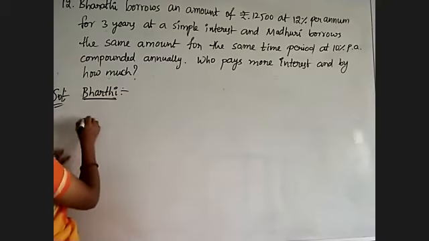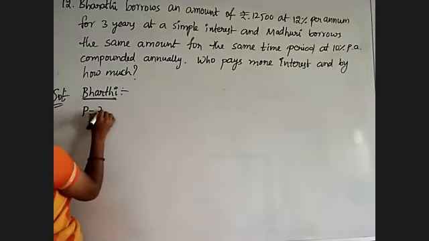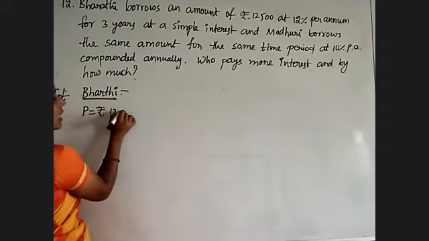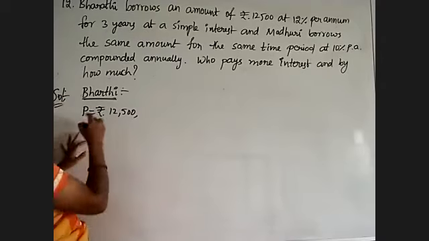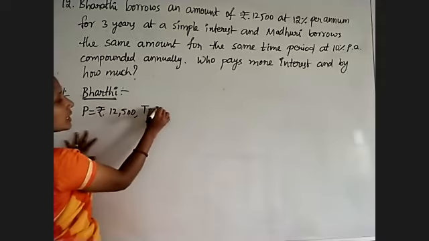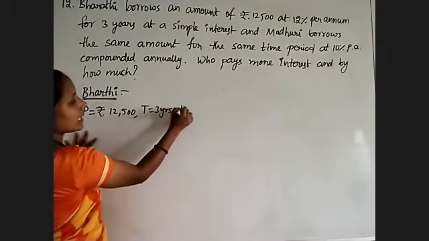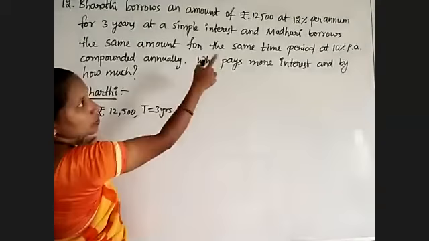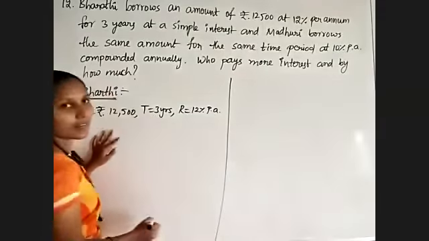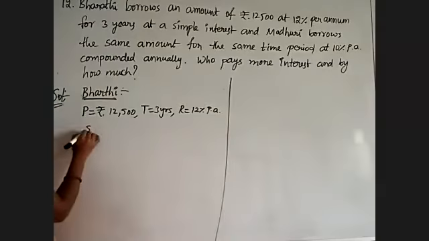The given principal is 12,500. She borrowed 12,500 rupees, the time period is 3 years, and the rate of interest is 12%. We need to find the simple interest.